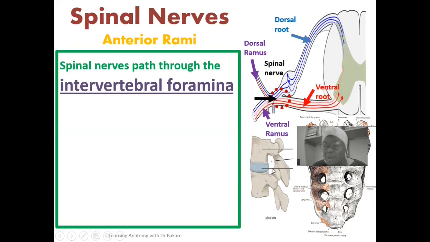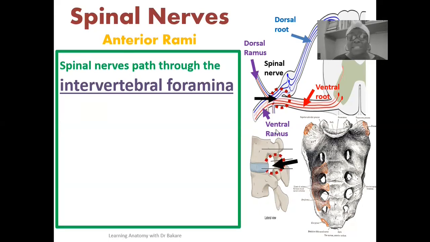In between the vertebral bones, at this point that is also demarcated in dotted red, we have a space that is created, and this is referred to as the intervertebral foramen. It is through this foramen that the spinal nerve will exit the vertebral canal to supply structures outside that region.